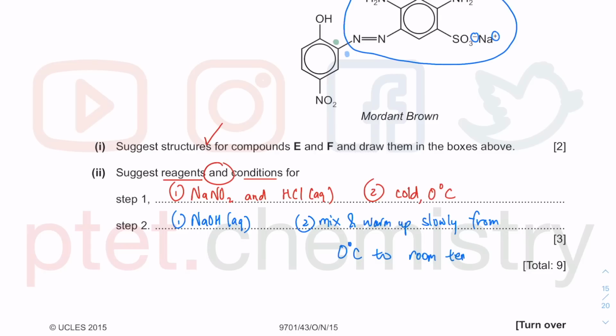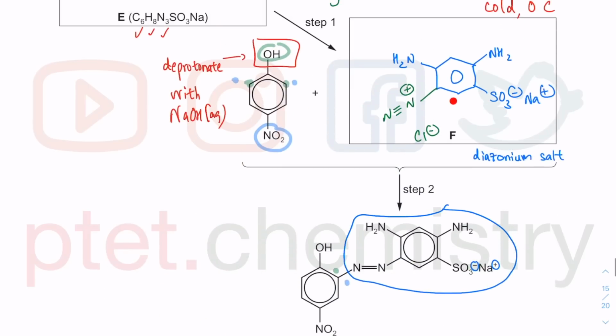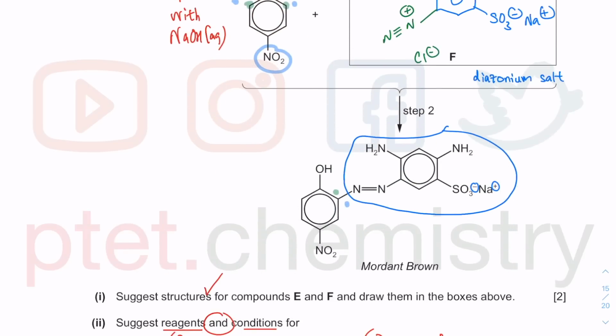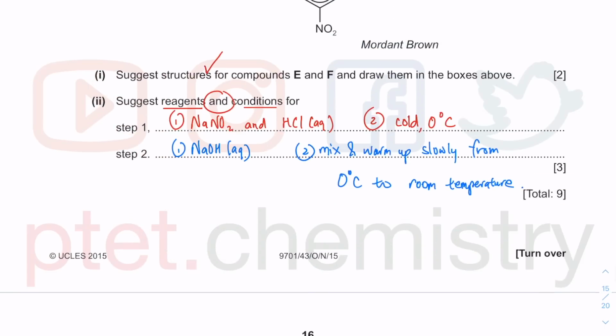So you don't want to heat it, you want it to react slowly, and then they will form the colorful azo dyes. So you see from something colorless, combining together to give you something colored, because azo dyes are colorful. And that's the end of that 9-mark organic question there.